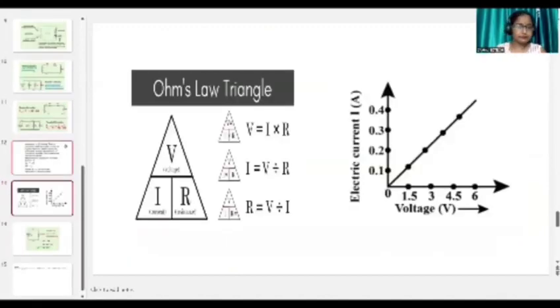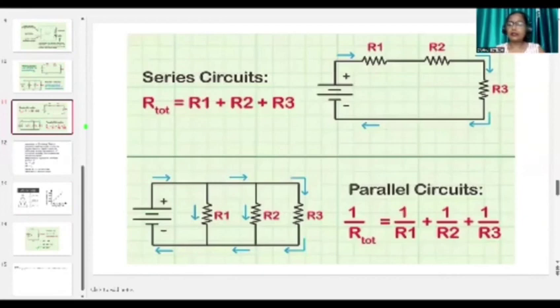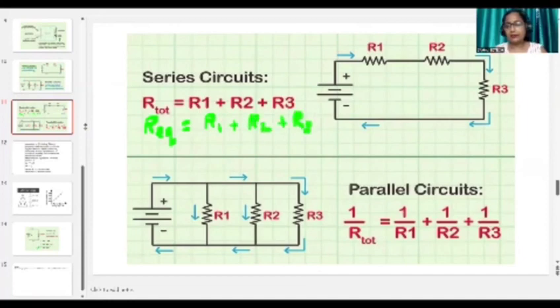Now, in a series circuit, if we need to calculate the total resistance, also known as the equivalent resistance, what we have to do? We have to add R1 plus R2 plus R3 because they are connected in the same path.